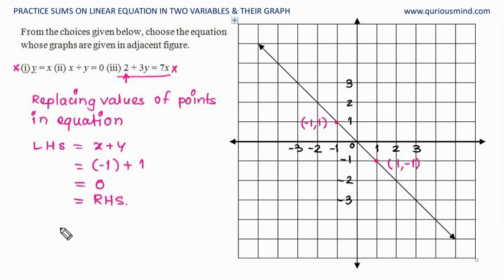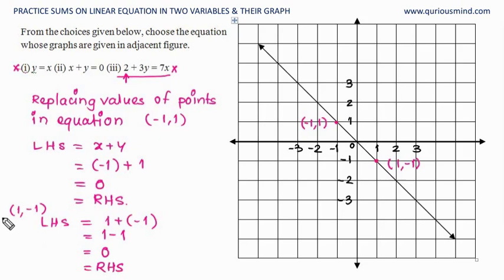Now let's take the next point. So here we are using minus 1 comma 1, and here we are going to use 1 comma minus 1. LHS would be 1 plus minus 1. That is equal to 1 minus 1, and that is 0, which is equal to RHS. And so definitely 1 minus 1 also lies on this line. And hence this graph represents this line.